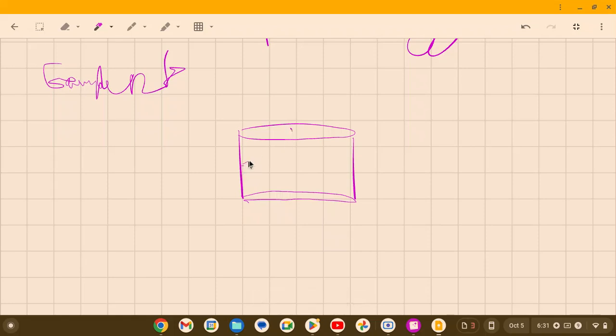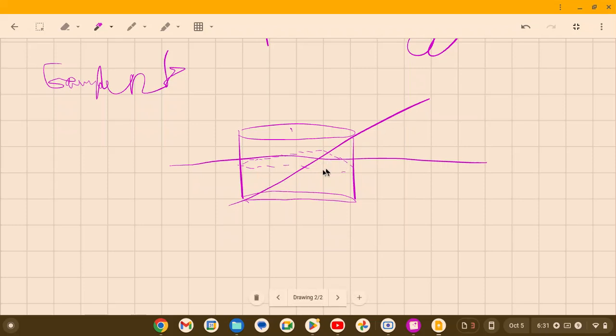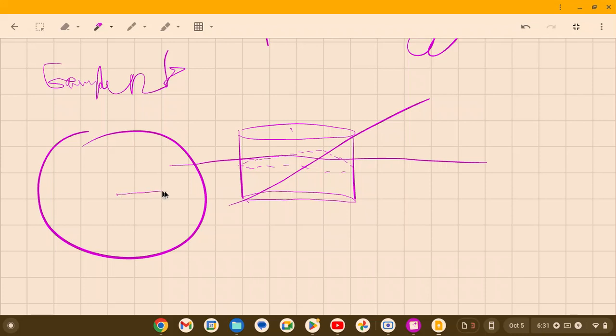Actually, I'm going to take a cross section. Like that. So that cross section is now like a circle, and that's radius r. Here's my origin. I'm going to call it Q because I like the letter Q.